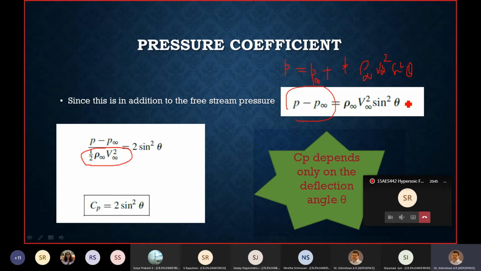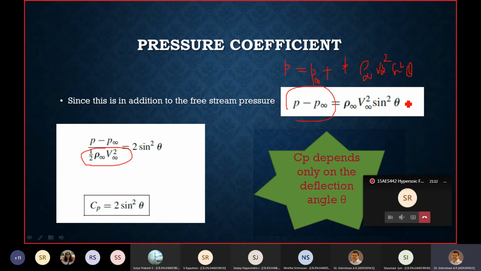I'm combining it in such a way that we can relate it to the definition of CP, which we discussed in the previous class. We have also looked at that form using Mach number. Anyway, P minus P infinity divided by half rho V squared is the familiar definition of the pressure coefficient CP. So in summary, CP can be expressed as 2 sine squared theta.